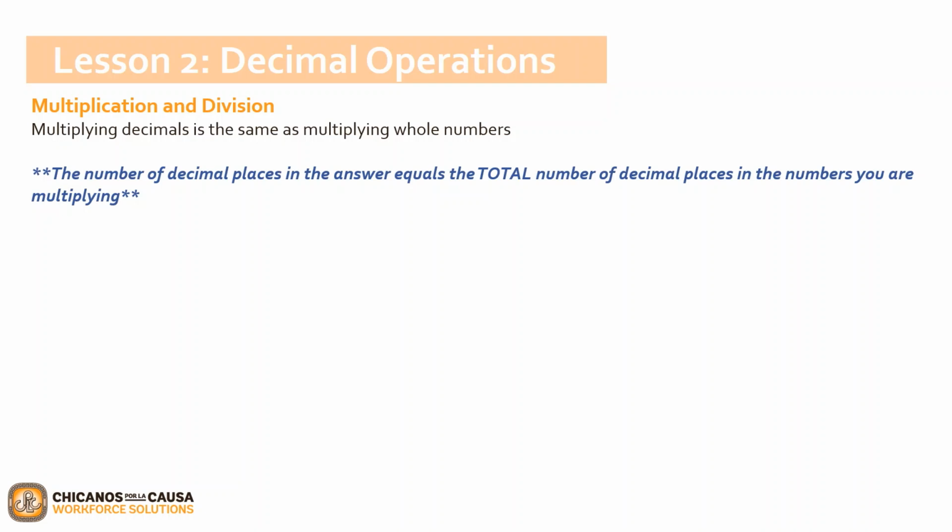So it's kind of a lot to take in, but it will make more sense as we work through an example. So our current example asks us to find the product of 2.6 and 0.45. So remember that the word product is also an indicator of a multiplication problem.